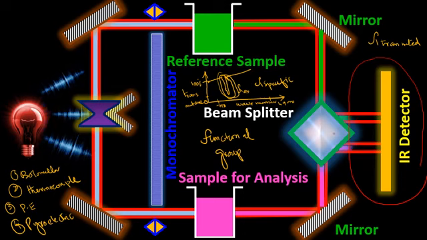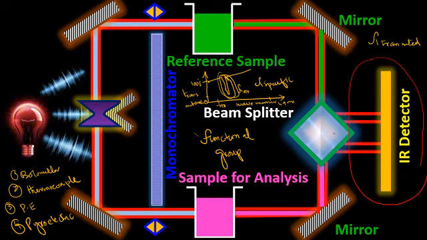The monochromator selects a specific wavelength of the infrared radiation. It converts a multi-band wavelength of infrared radiation into a single wavelength. The single wavelength infrared radiation then moves forward into the second part of the IR spectroscope, the reference and sample holding region.